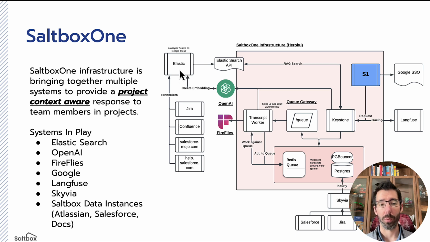If you're not familiar with what RAG is, it's Retrieval Augmented Generation, which basically means that when a user prompts something like, "Hey, what's the difference between level 1, level 2 fidelity in our user stories in the Saltbox success system?" OpenAI doesn't know anything about that. So at the time of that request, we go to Elastic and say, find all of the Confluence pages and all the sections in those pages that are the most relevant to this search term or phrase that the user has put in that prompt.